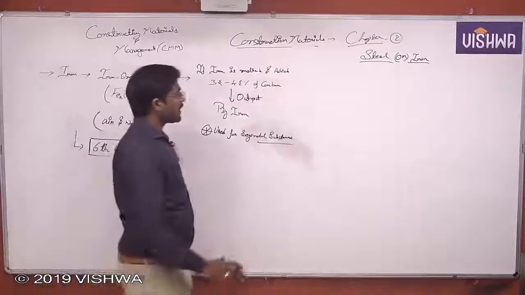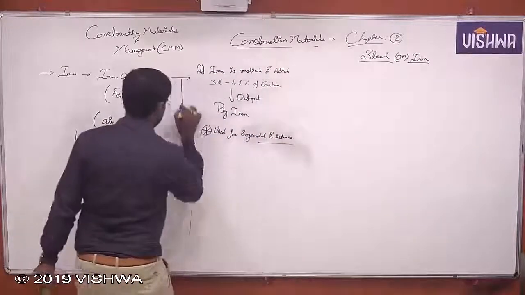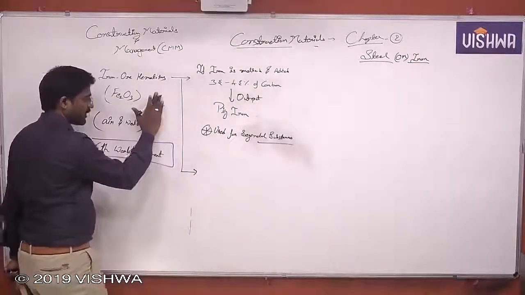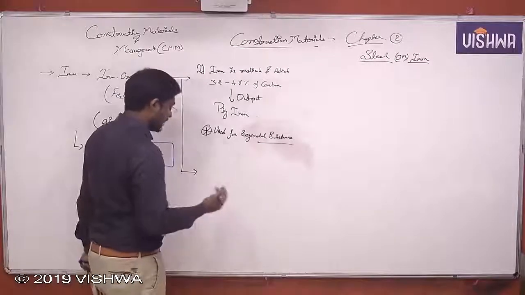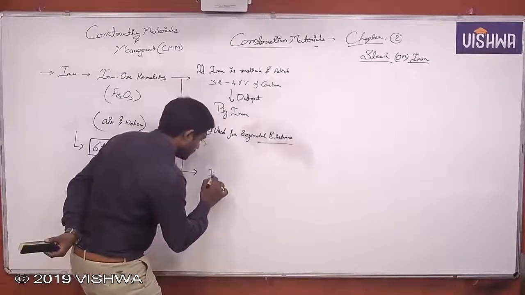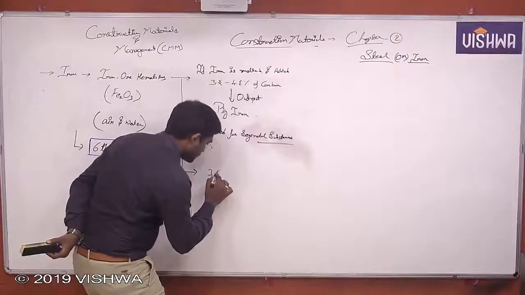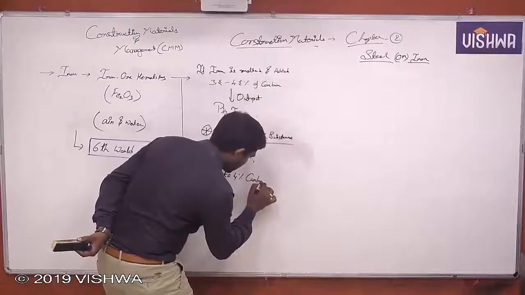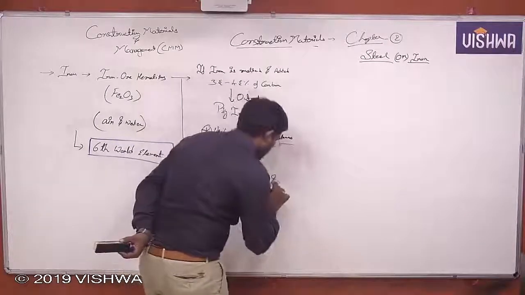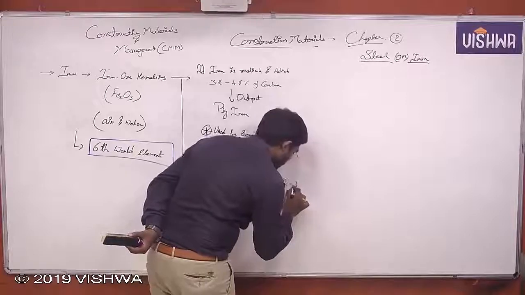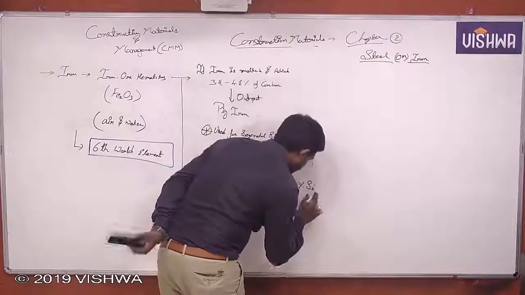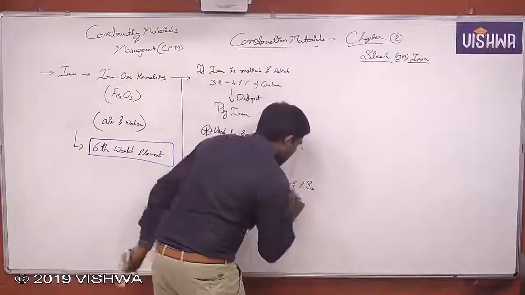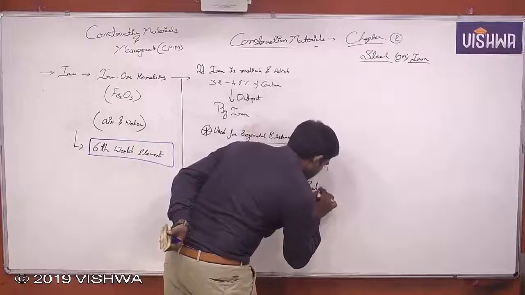Then further, when iron hematite is melted and added with 3.5 to 4 percentage of carbon and 2 to 5 percentage of silica, sorry, it is 2 to 5 percentage of silica that is added.